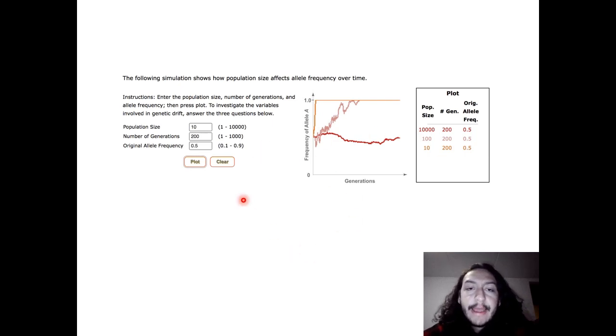This is a simulator in which you can simulate the different effects of genetic drift, and you can play a bit with population size, number of generations, and original gene frequencies, and you can see how they actually behave.